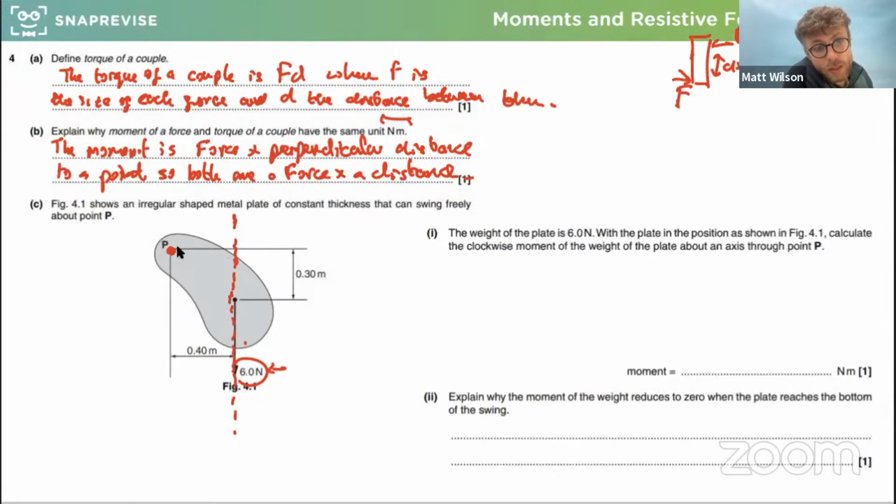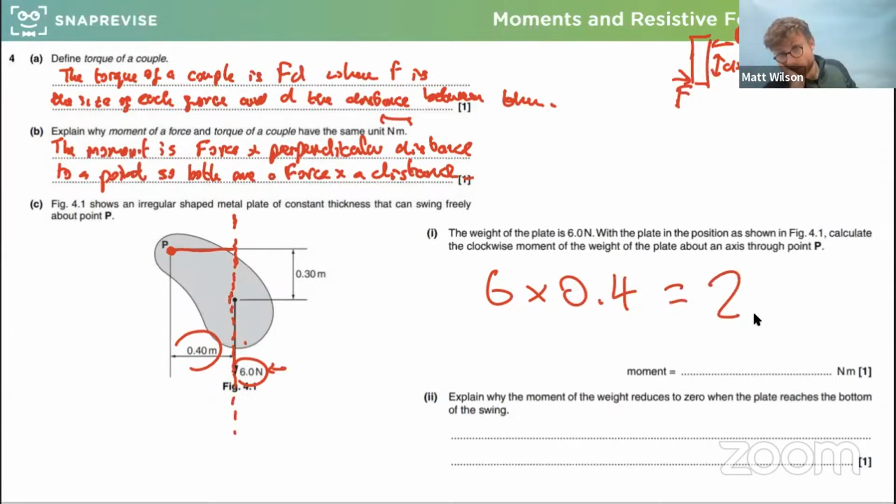And then the perpendicular distance, which is this one here. And lo and behold, they gave us that already. It's 0.4 meters. Okay, so the moment is going to be the force, which is 6 newtons times the perpendicular distance, 0.4. Chuck that in a calculator and you'll get 2.4. And indeed, the units will be newton meters. We multiplied a force by a distance.